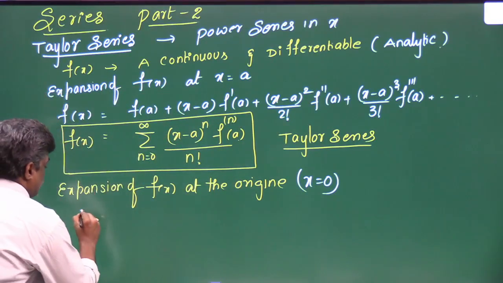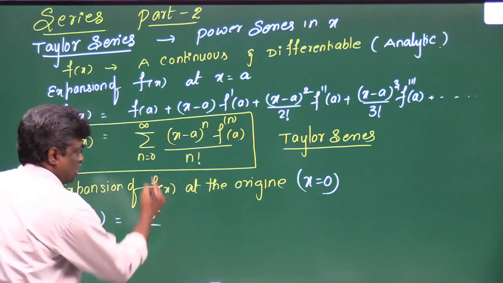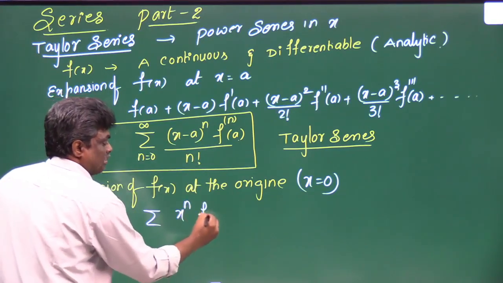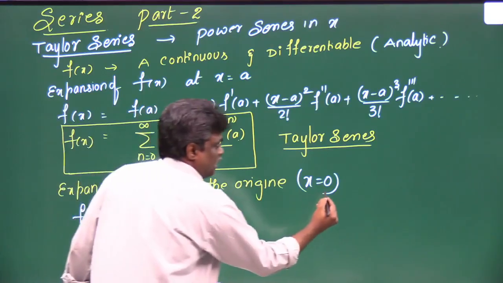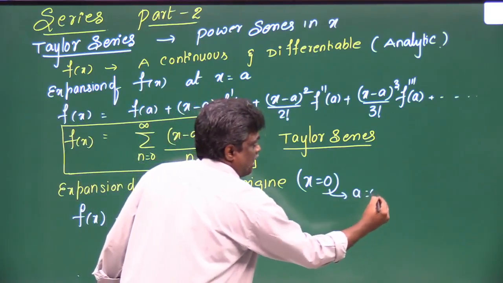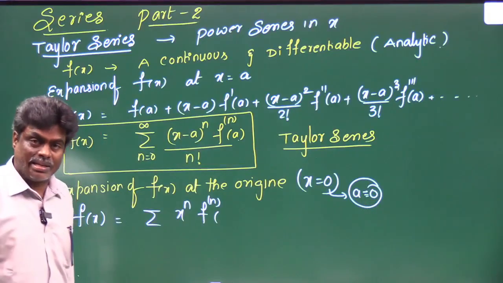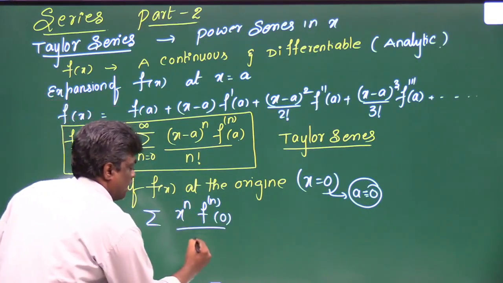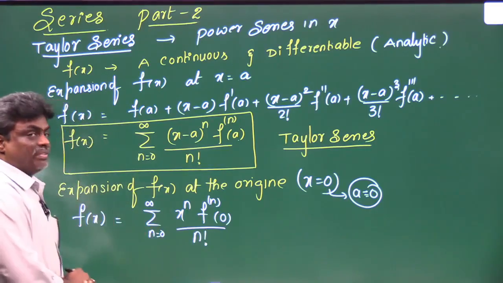So our expansion is given by f of x equal to summation. Put a is equal to 0, that's why x power n, and the nth derivative at a equal to 0, divided by n factorial, and n is running from 0 to infinity.